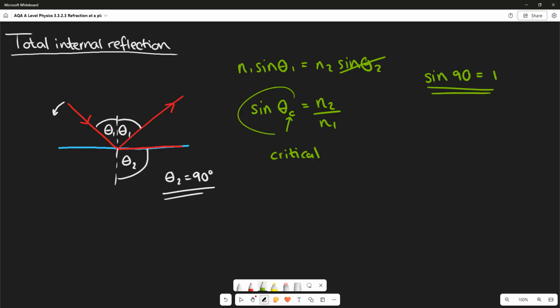So you can always work out what the sine of the critical angle is by doing the ratio of the second to the first material's index of refraction. Notice that that is a threshold value, so you can have an incidence angle that's larger, but you're not going to get any refraction. It's all going to be totally internally reflected. So this is a threshold above which you have total internal reflection.